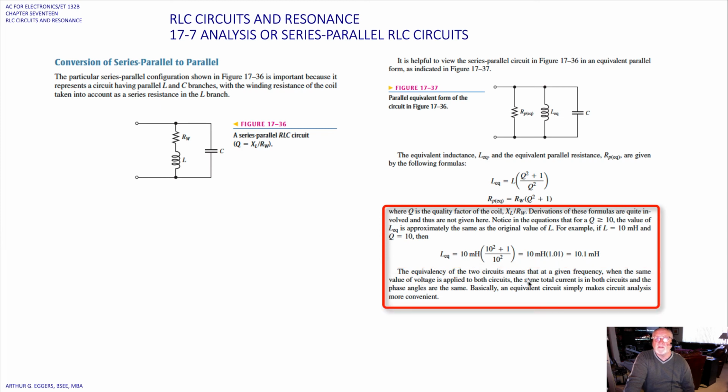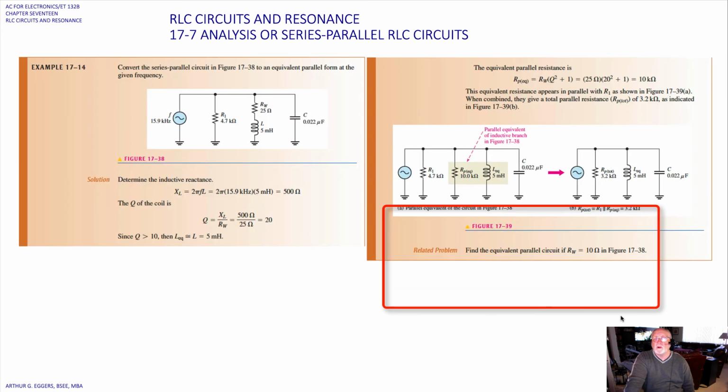The equivalency of the two circuits means that at a given frequency, when the same voltage value is applied to both circuits, the same total current is in both circuits and the phase angles are the same. Basically, an equivalent circuit simply makes circuit analysis more convenient.